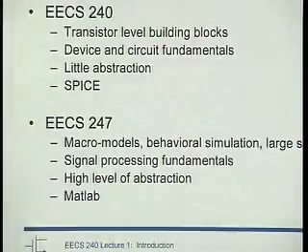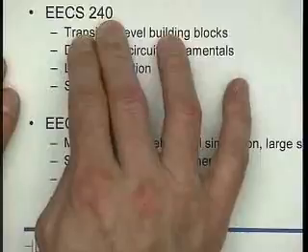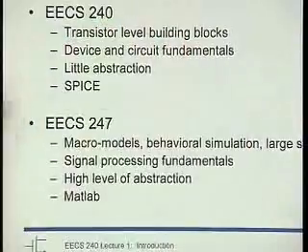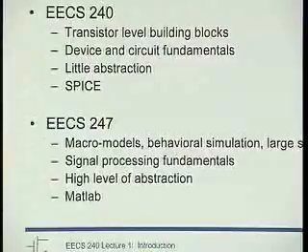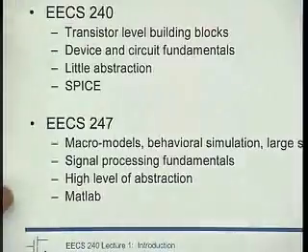So rarely in that course will we look at the transistors, but instead we will look at the entire function, and we will break it down to, well, we need amplifiers, and what are the specs for this amplifier, and somebody who has taken 240 can then design them. Simulation in that course uses MATLAB, Simulink, again, for my taste, relatively high level, depending on the perspective. So these courses are very complementary.